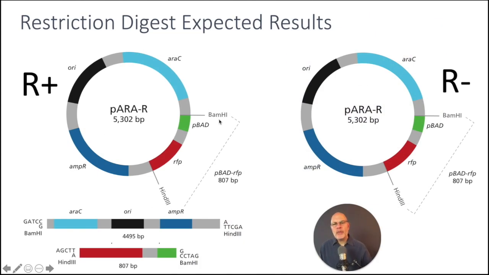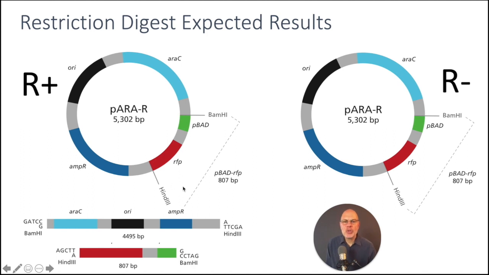So if we make a cut over here with BamHI and we make another cut over here with HindIII, then we'll have one long fragment that goes from here all the way to here, and that will be 5,302 base pairs minus 807 base pairs for a total length of 4,495 base pairs.